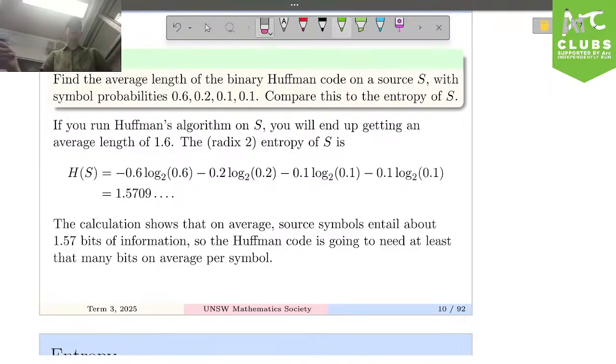So we can think of the average code word length as the amount of information we can pack per source symbol. We're saying we can't do more than what the entropy, the amount of information on average there is, based strictly on the source symbols. We can't do better than that. It's like a threshold lower bound that we cannot exceed.